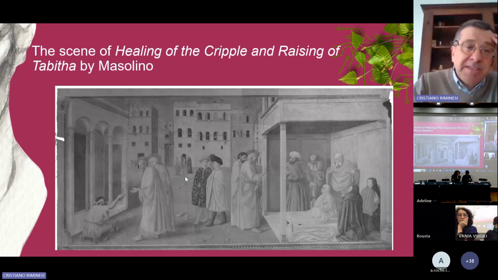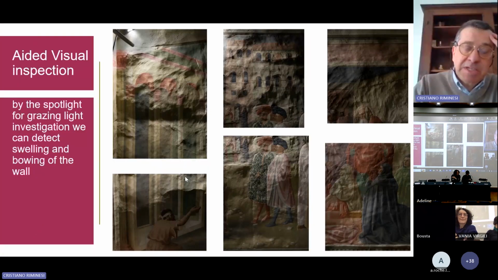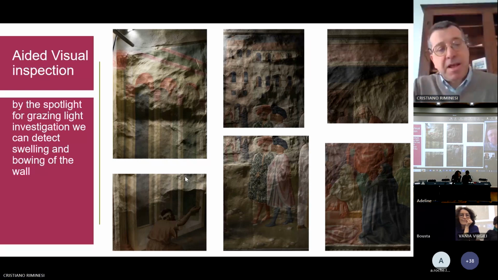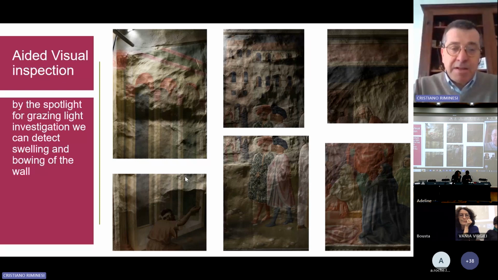The first investigation is the visual inspection, aided by spotlights for raking light investigation, and so we can detect some defects on the surface. But we need to understand the size of these defects.